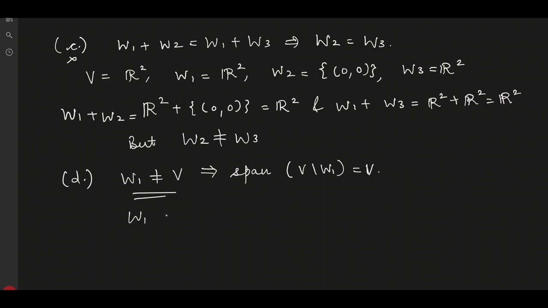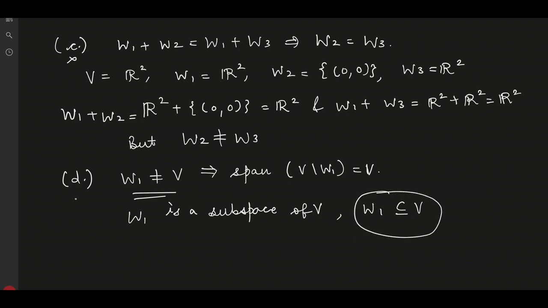W1 is a subspace of V, and it means it will be a subset of V. So if I remove W1 subspace from V, then also the spanning set will contain vector space V only, na? Because W1 was a subspace of V. That's why option D is correct.